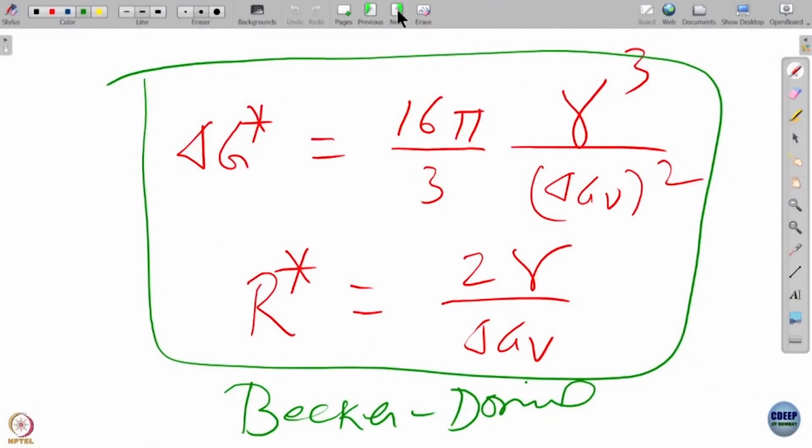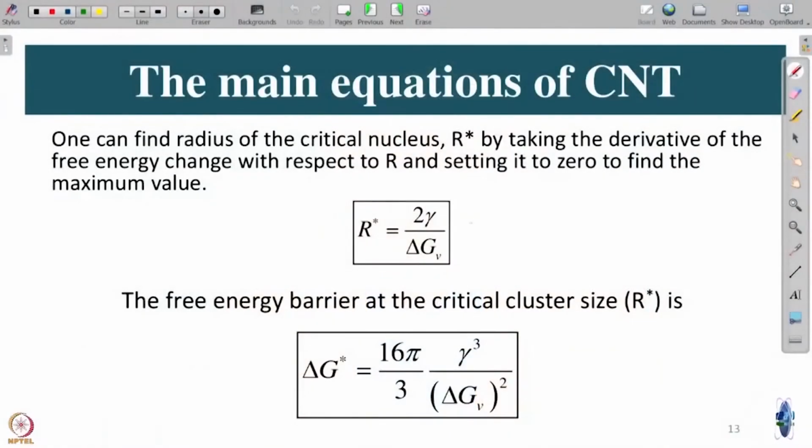Another very beautiful thing we'll do, just amazing, important, not usually covered in textbooks, is the Ostwald step rule, extremely important in the present scenario of solid state synthesis. So thermodynamic control, kinetic control, all these things are essentially about nucleation, and so these are the two equations I just derived.